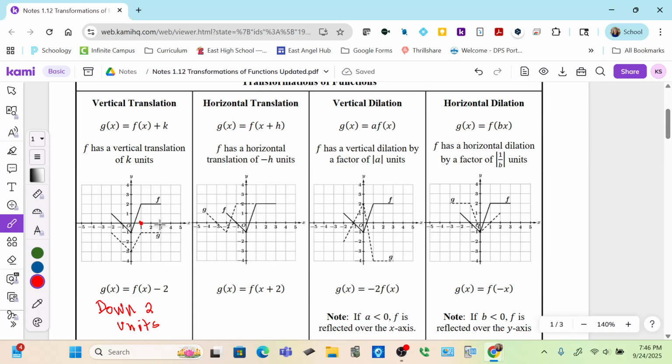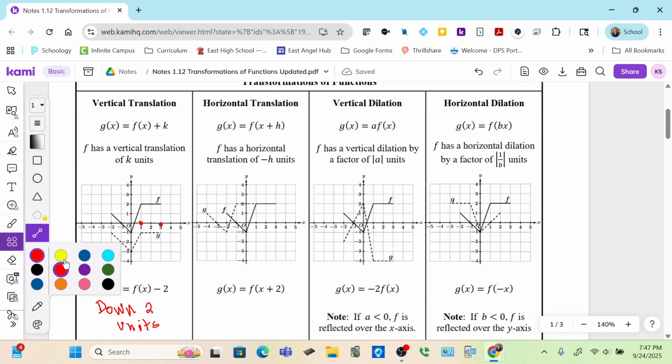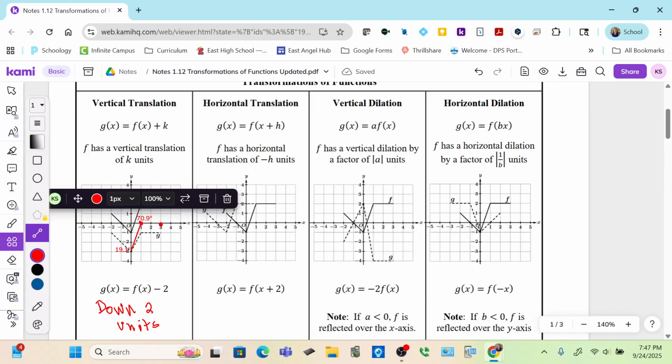And then the end of that segment, the horizontal segment, would also be on the x-axis. So it should have been drawn like this. I just wanted to point that out in case you're looking at it and you're like, but that doesn't really fit the down 2. So that's what happened there. There was a mistake in the way the graph was created.